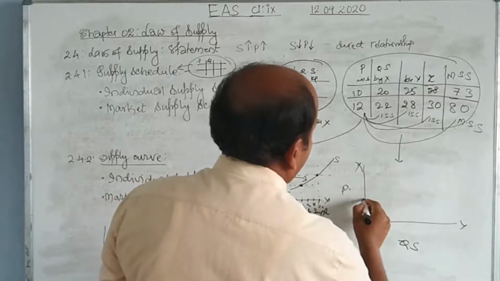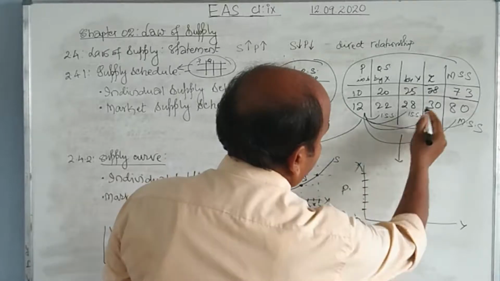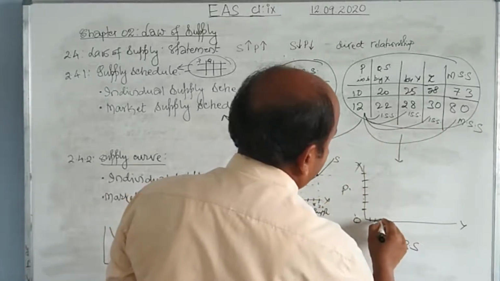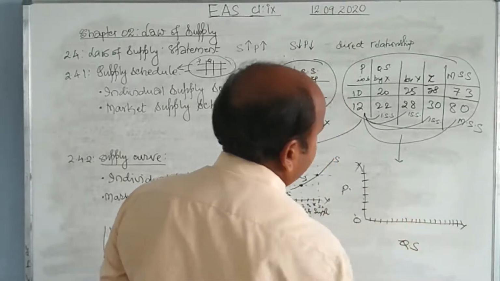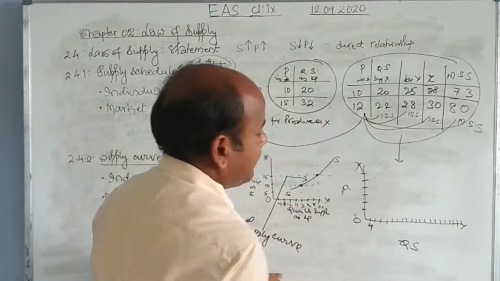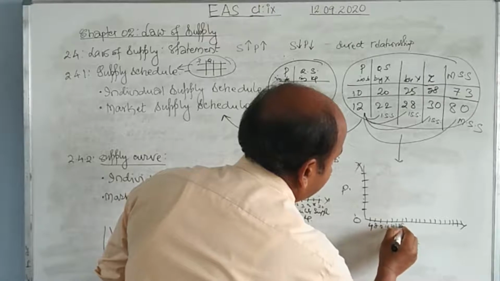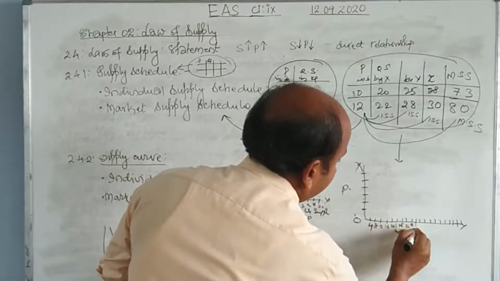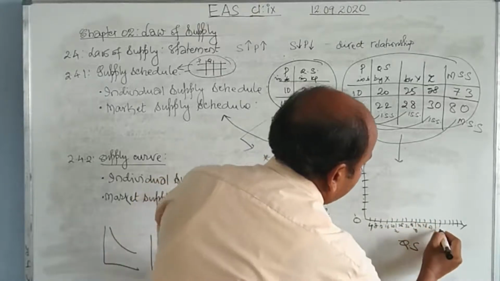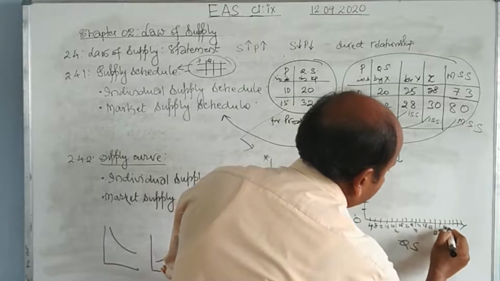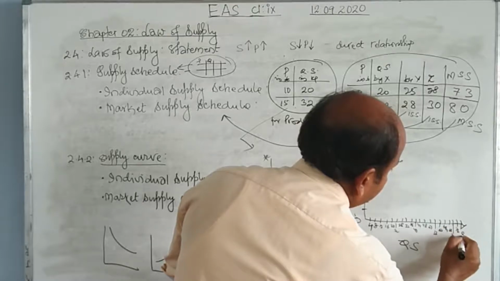Units are 4, 8, 12, 16, 20, 24, 28, 32, 36, 40, 44, 48, 52, 56, 60, 64, 68, 72, 76, 80.